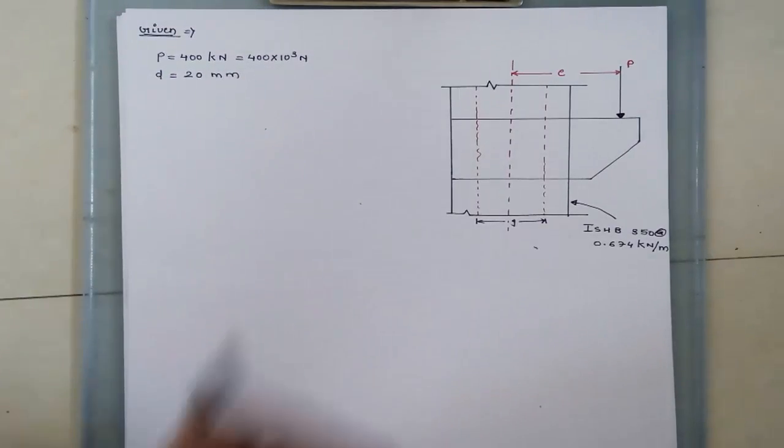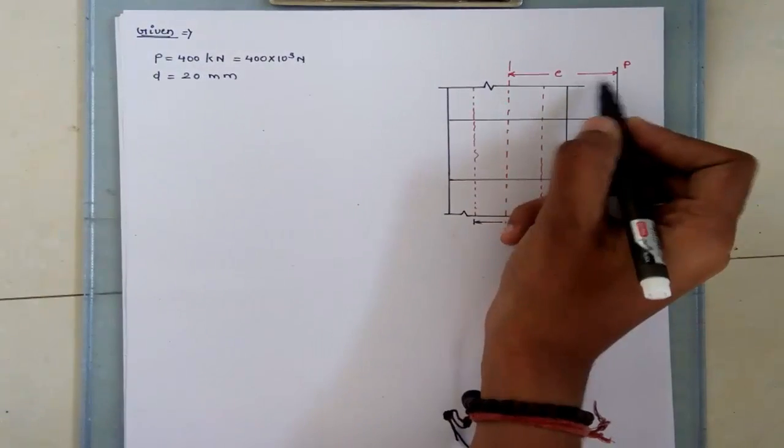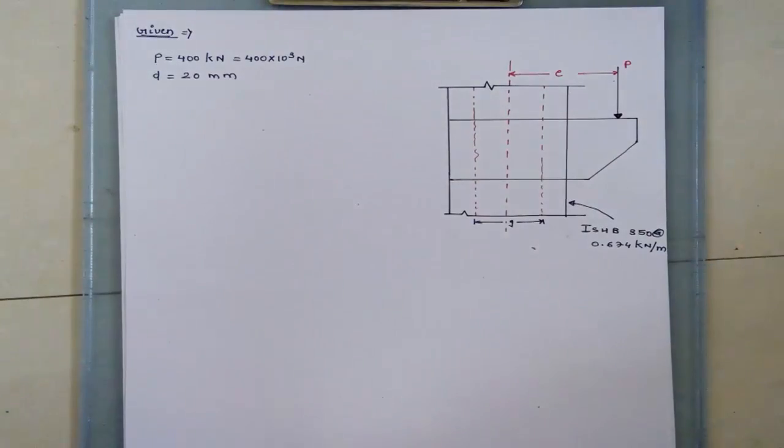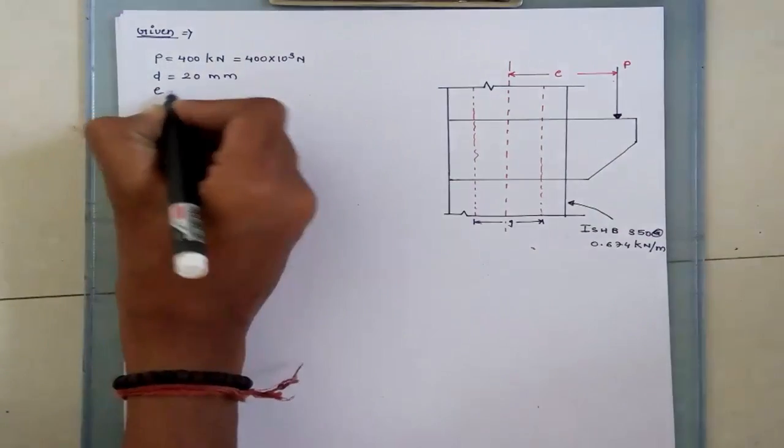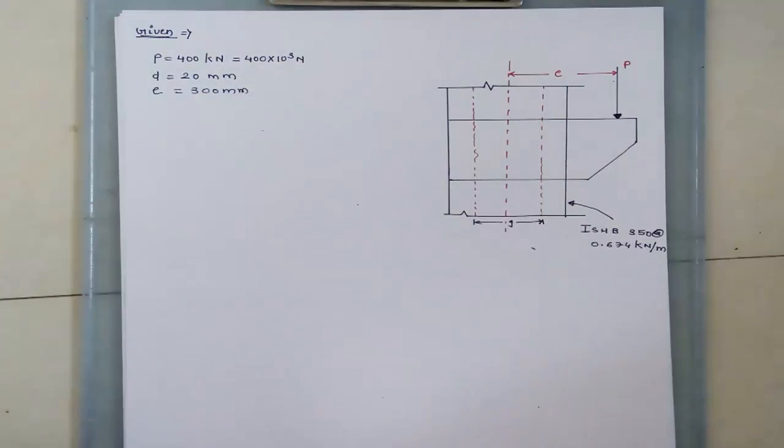We have to convert it into Newton. At an eccentricity, this distance is called the eccentricity, equal to 300 mm from the center line of the web of the column. Assume the load plane and bolt plane are the same. Design the connection.